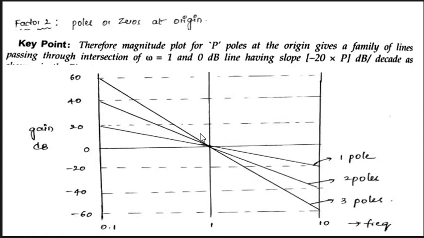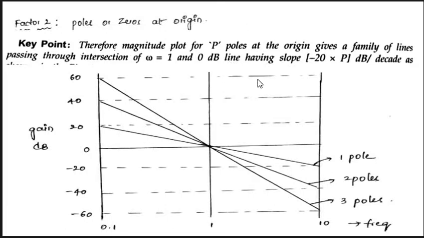Now how can you draw the magnitude plot? Initially take the graph and decide the decades. Omega is equal to 0.1 and so on, 1. This is 1 decade, 1 to 10. This is the second decade, 10 to 100. That is the third decade and so on.